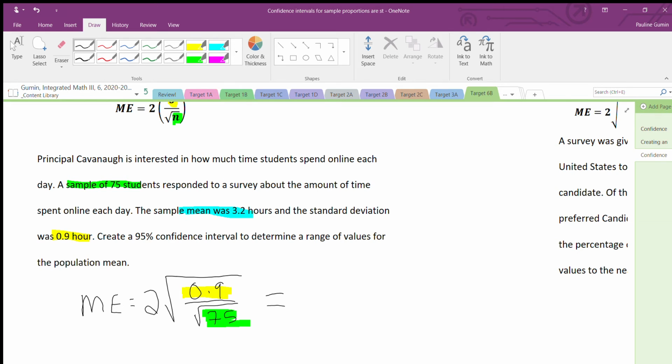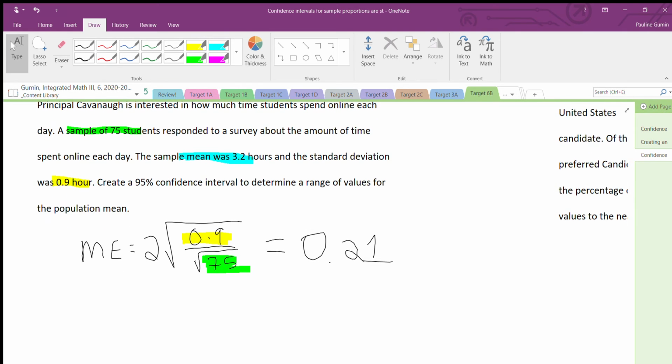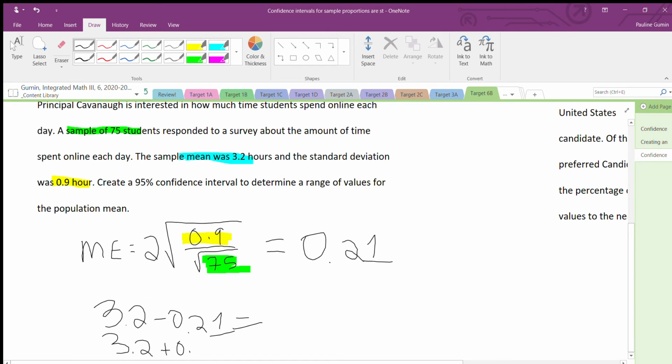I plugged that into my calculator and I got 0.21. So what I'm going to do is add and subtract 0.21 from 3.2, and that's our sample mean that I'm adding and subtracting from.